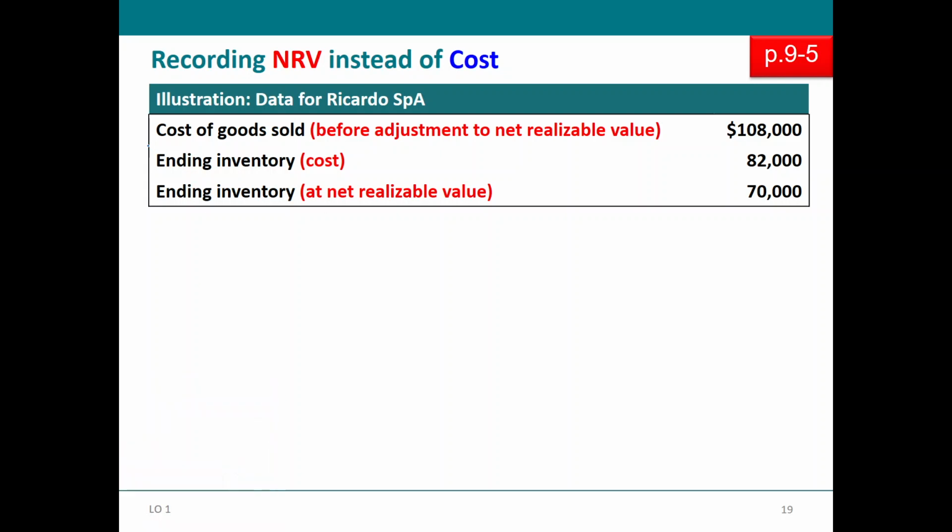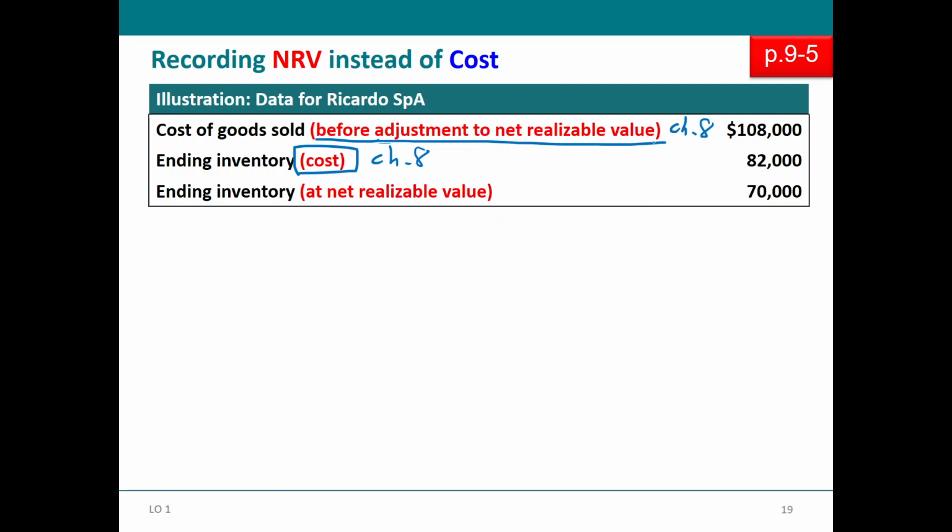So from which chapter? From your chapter 8. So you got a number from chapter 8 because it is the cost, also your first one before you do anything.